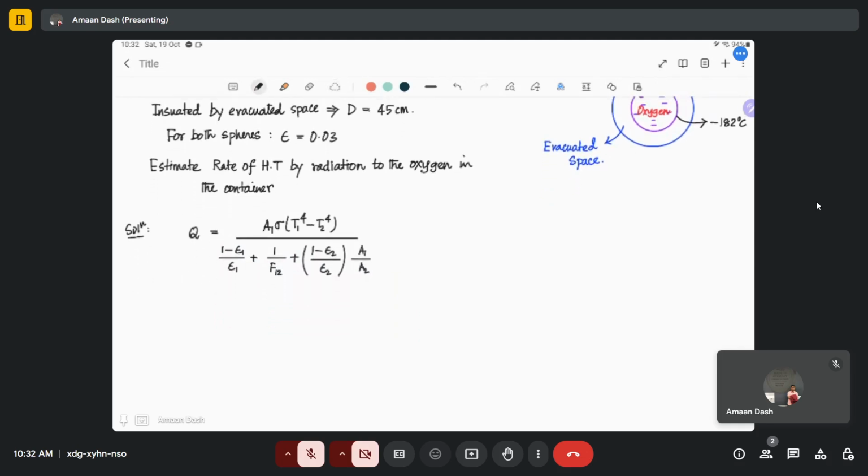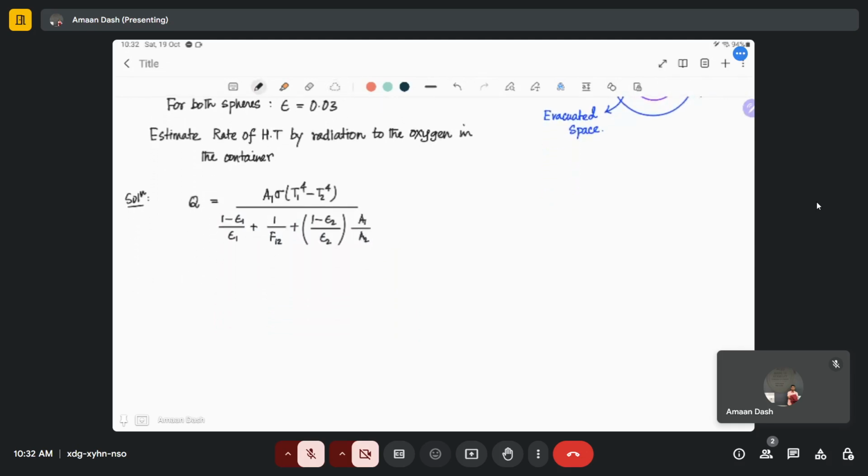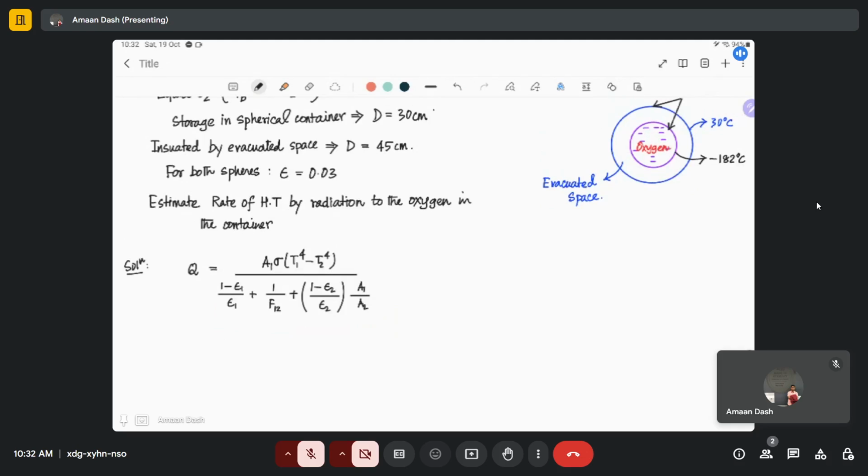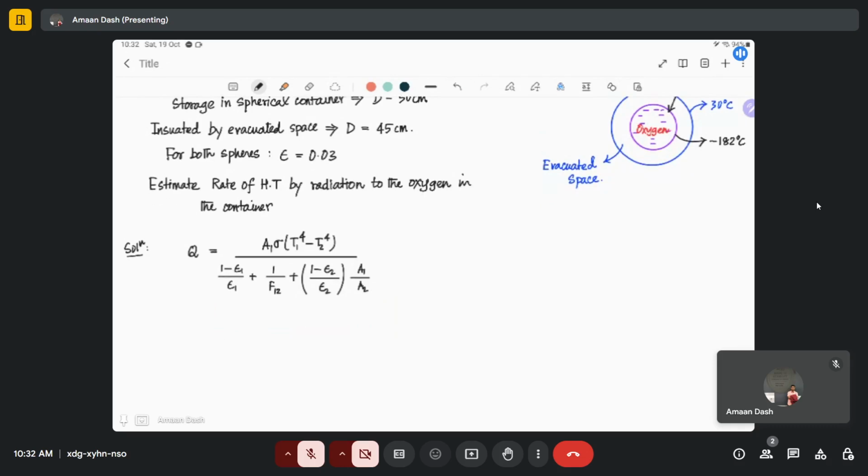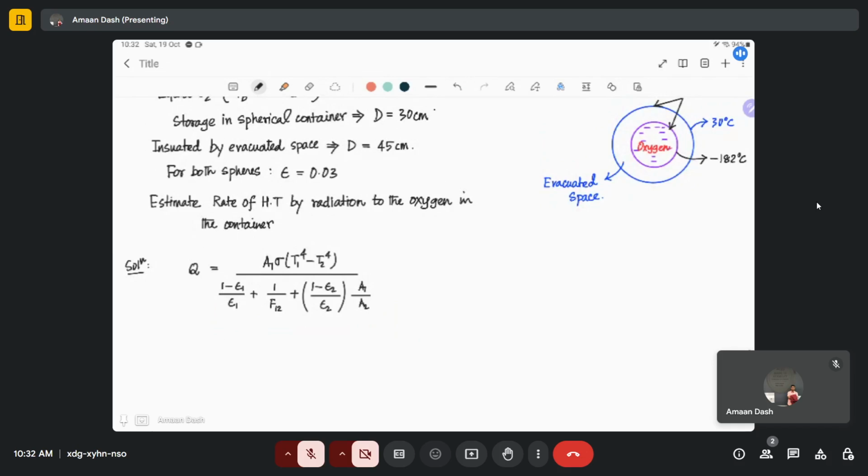Now, if you see for this inner sphere, all the radiation coming out from the inner sphere will not be intercepted by itself. So F1 to 2 will be 1, because there is nothing for 1 to be coming back to 1.